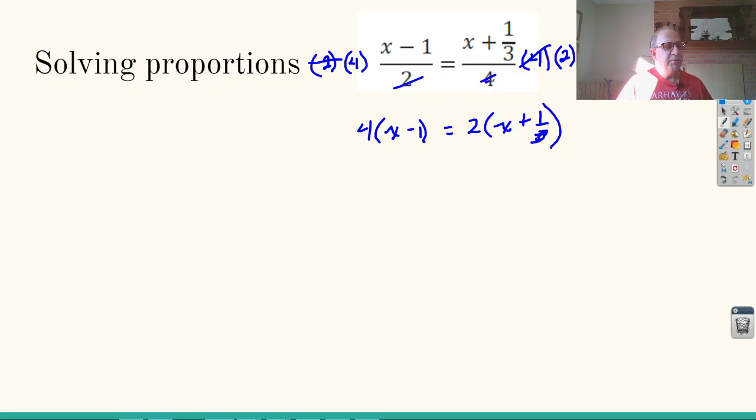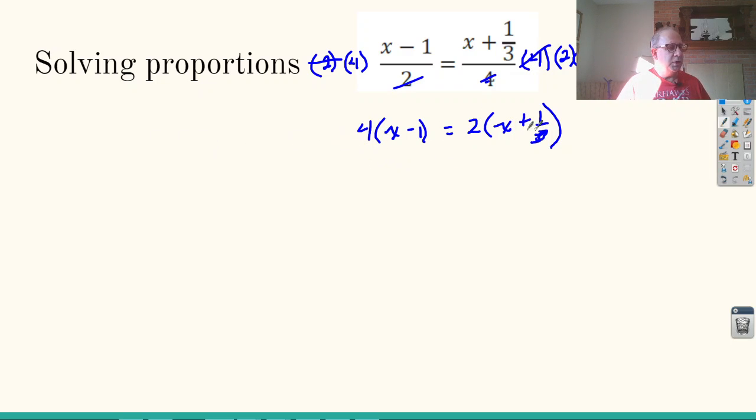Because we just said before, if I split this up, it was x over 2 minus 1 over 2. And that was x over 4 plus 1/3 over 4. So they're separate things. When I multiplied by 4 on both sides, I multiplied 4 times x over 2 and 4 times a half. So I've got to make sure I do that on this side, and I use the parentheses to make sure I do that.